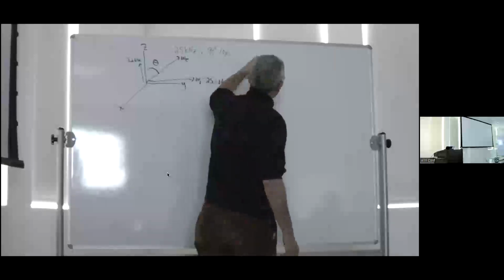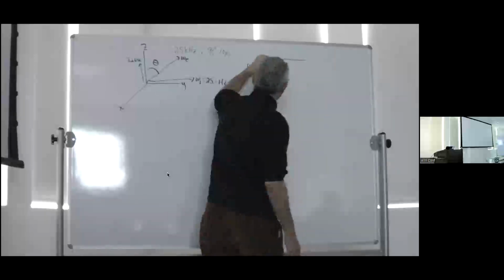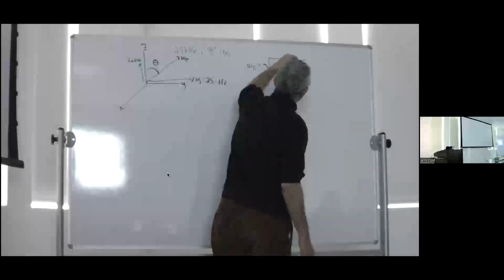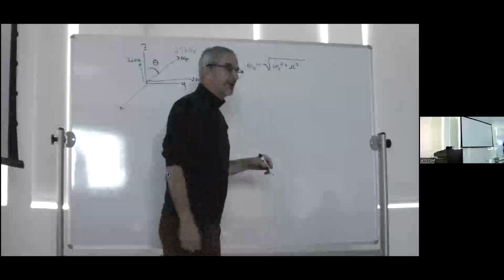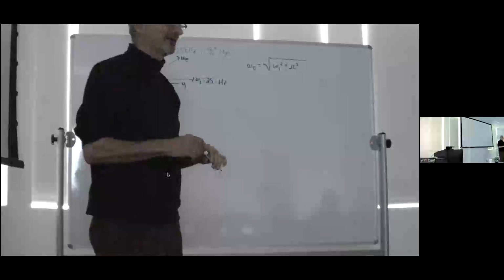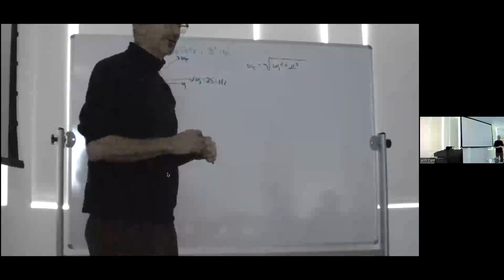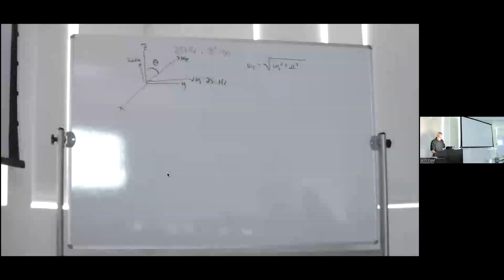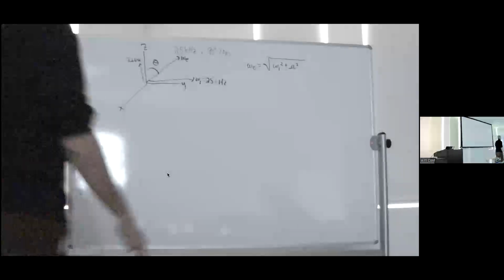Square root of 25 kilohertz squared plus 3.2 kilohertz squared. You can work that out. That comes out to be 25.204 kilohertz. I did the math correctly.